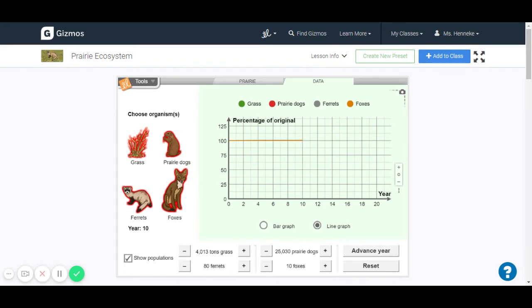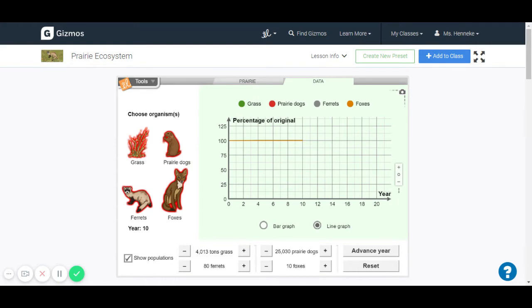That means our populations remained stable over 10 years. Now, I want you to think. Does this mean that they are in equilibrium and that they are stable? Or does this line show that there is a problem in this ecosystem?